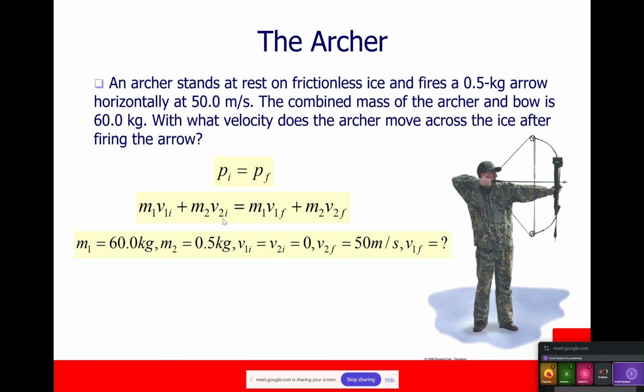Are we together? So if I label the arrow to be 2, then that means the v2 final of that arrow will be 50. So we are now looking for the v1 final for the archer and the bow. That's what we are looking for. Do we get this interpretation, or do I need to run over it again?